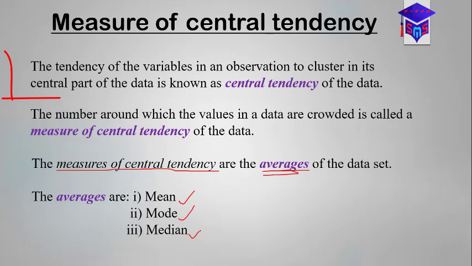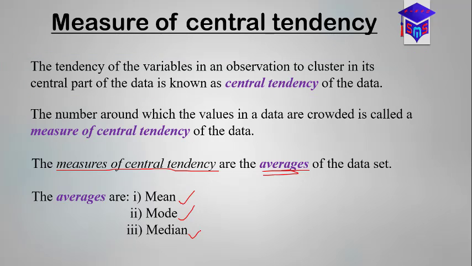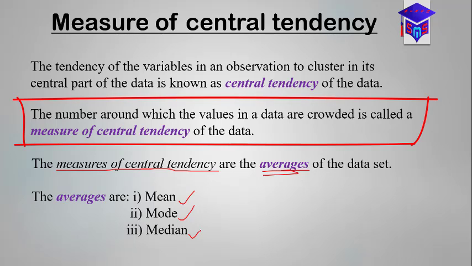So when we talk about central tendency, it is the tendency of the variables in an observation to be crowded around a particular central location. And when we talk about the measure of central tendency, it is the number around which the data looks to be crowded.